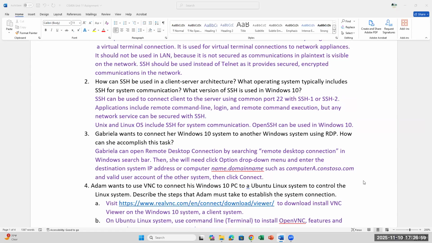If she's successful, it usually requires her to authenticate and put in that information. So once she has put in the information for the user account, it's going to open up the desktop of system B. That's how we're able to remotely access.